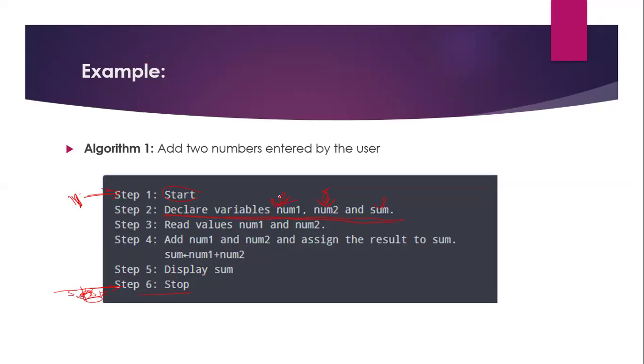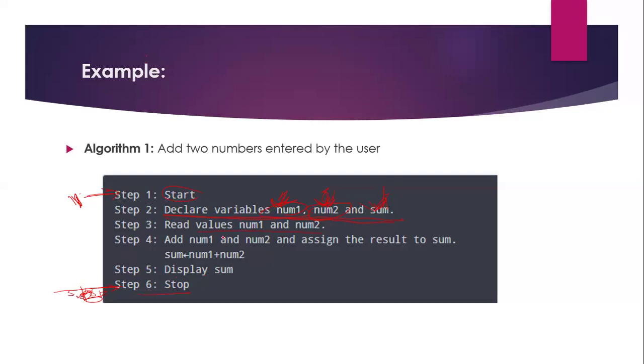That's why we declare two variables, number 1 and number 2, and a variable for the summation. After that, in the third step, now that we have declared number 1 and number 2, we have to read their values.